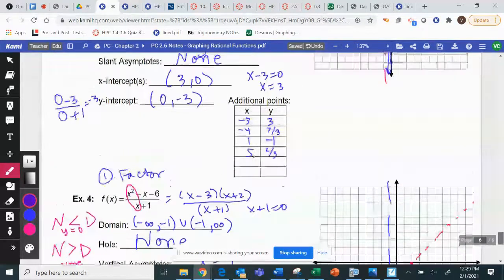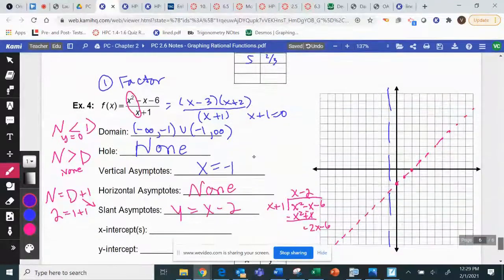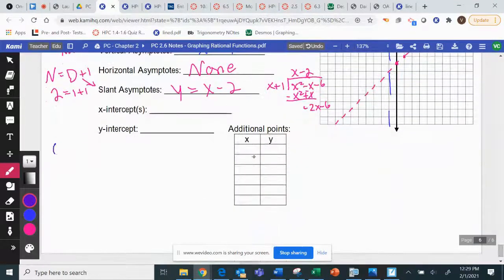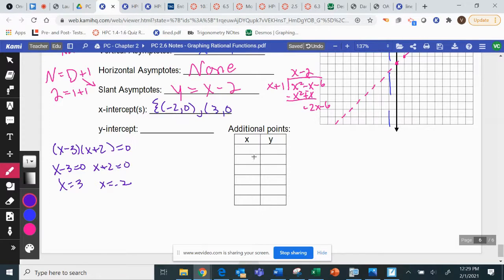For the x-intercepts, we can just set the numerator, x minus 3 times x plus 2, equal to 0. So I get x-intercepts at (-2, 0) and (3, 0).